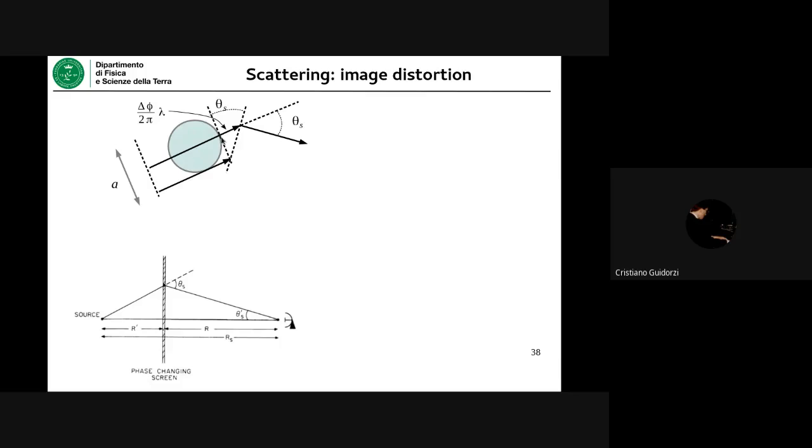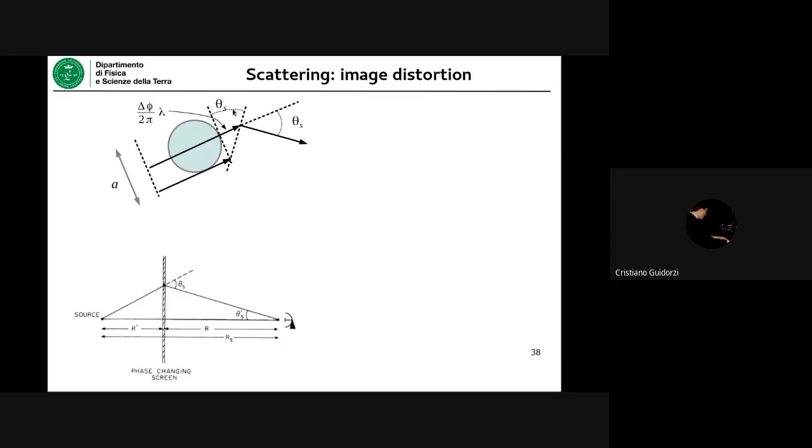So you immediately see that this is a right triangle. You know this side, which is just a over 2, and you know this side, which is delta phi over 2 pi lambda. So the tangent of theta s is just this guy over this guy.